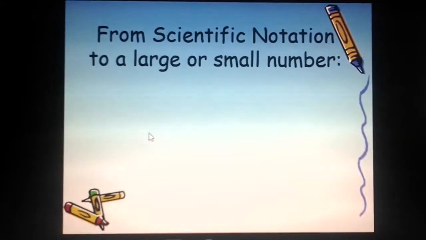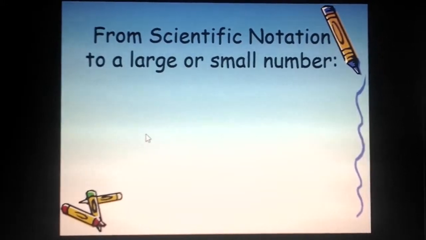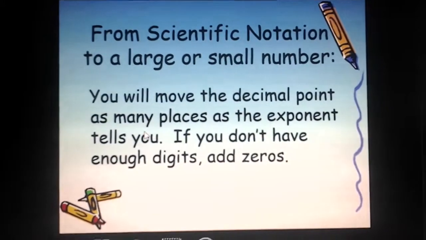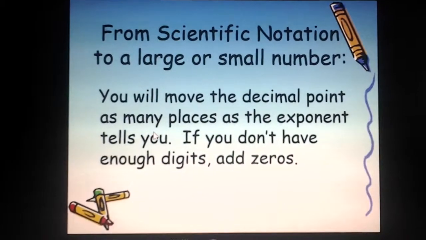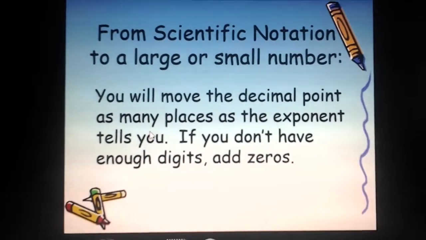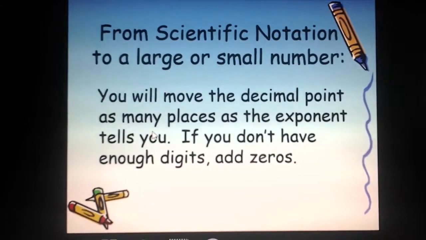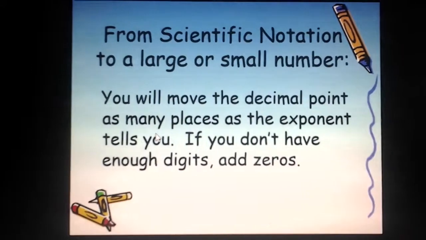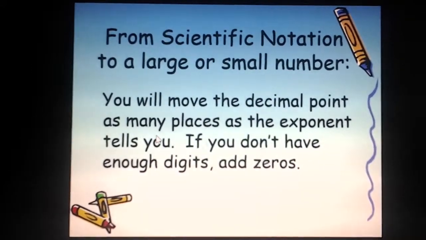From scientific notation to a large or small number, you will move the decimal point as many places as the exponent tells you. If you don't have enough digits, just simply add zeros.